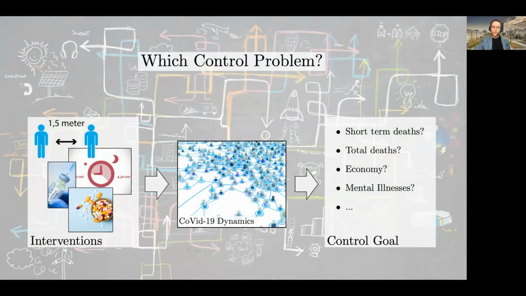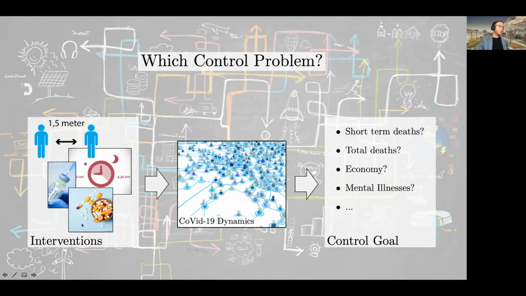When we look at the control of COVID pandemics, it's even hard to specifically tell what we mean by this control problem. And as usual in control, we have to identify an input, a dynamics, and an output. But here, all three things are not well specified.